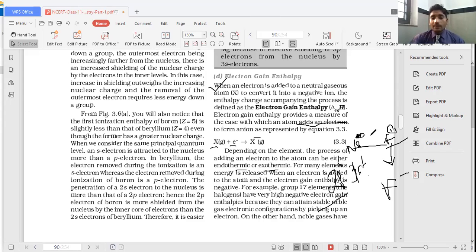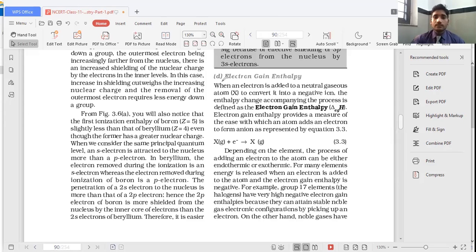Okay, so it depends upon the atom, the element, that the process of addition of electron will be endothermic or exothermic. I hope you are getting this point. For many elements the energy is released when an electron is added to the atom and electron gain enthalpy is negative.